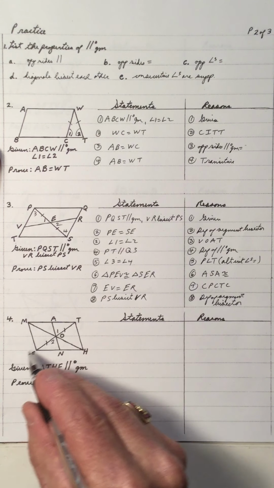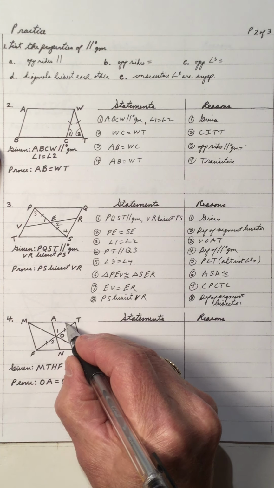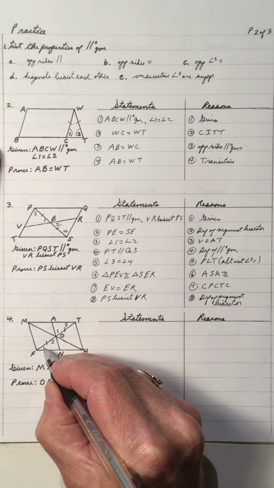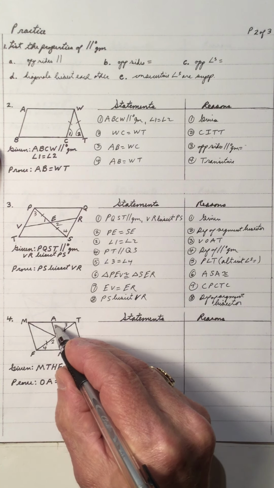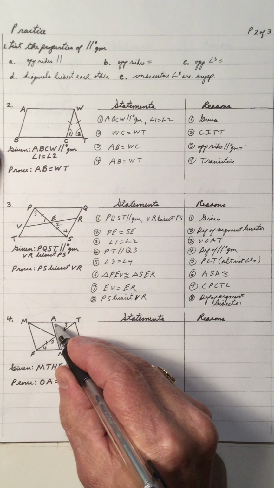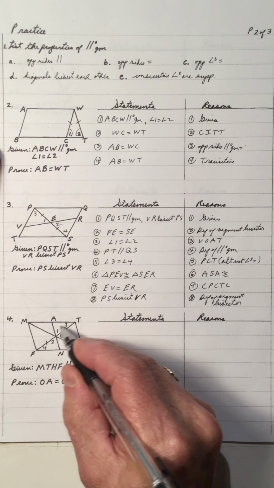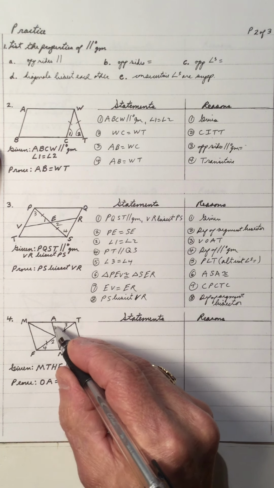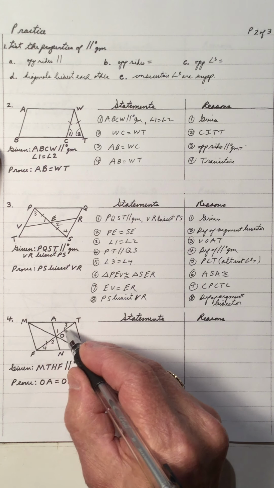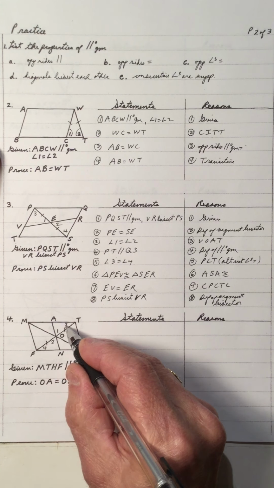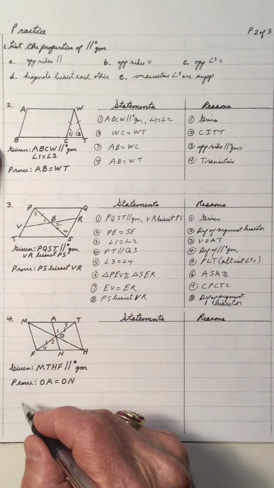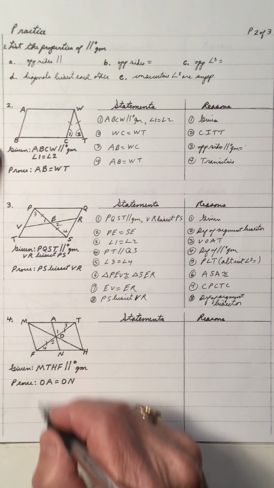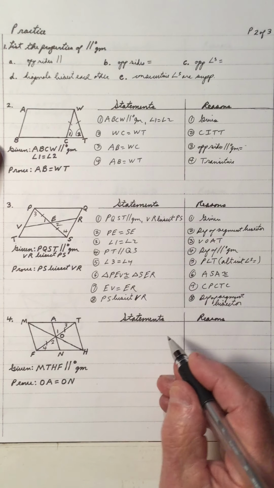I got parallel lines, so I can get 3 is equal to 4. Or I could put 3 and 4 here. But if I put 3 and 4 here, I would have an AAS. If I put 3 and 4 here, I got an ASA. So I got congruent triangles. So, yep, proof is all laid out.